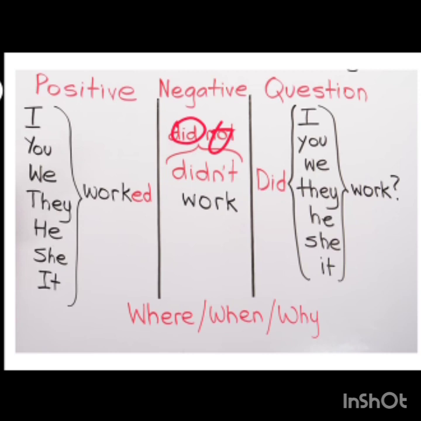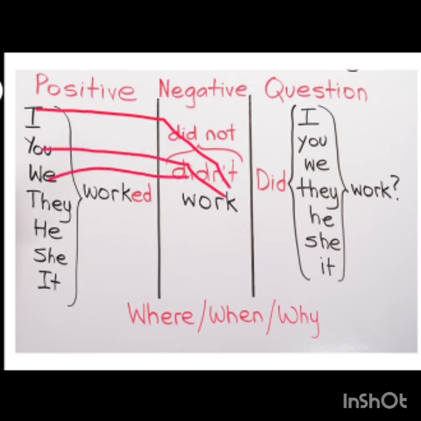The short form, the contraction, is didn't. For example, I didn't work, you didn't work, we didn't work, they didn't work, he didn't work, she didn't work, it didn't work.